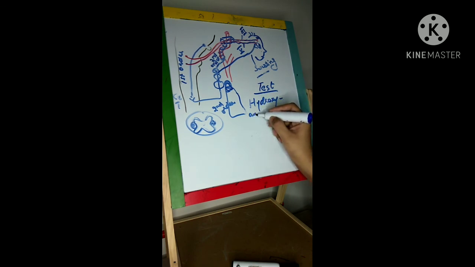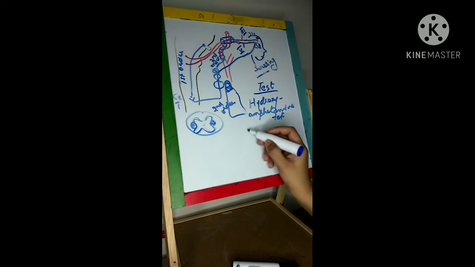In a normal eye, it will dilate. However, in an abnormal eye, even though there is more norepinephrine, because there is some problem in the pathway, the eye will not dilate. But it will not differentiate whether it's first, second, or third order.